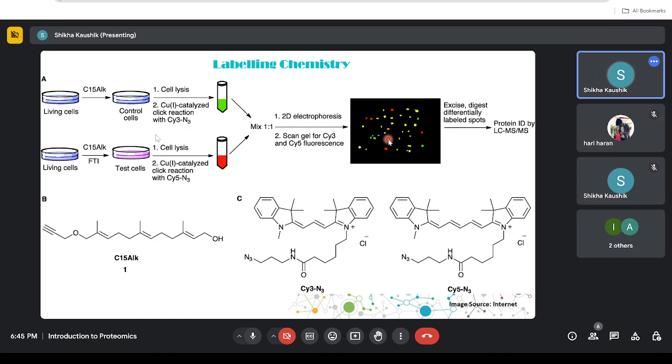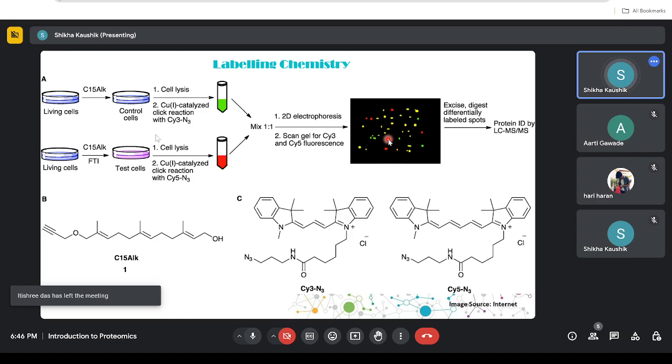control sample. So now you can easily detect what are the proteins that are present specifically in your test sample. You can excise the protein, you can digest these proteins, and you can send them for mass spectrometry to understand what proteins are present in test only, and what proteins are present in control only.